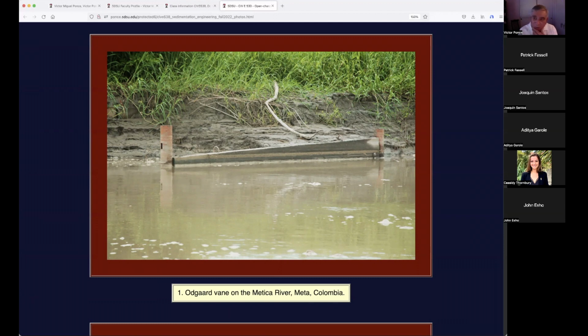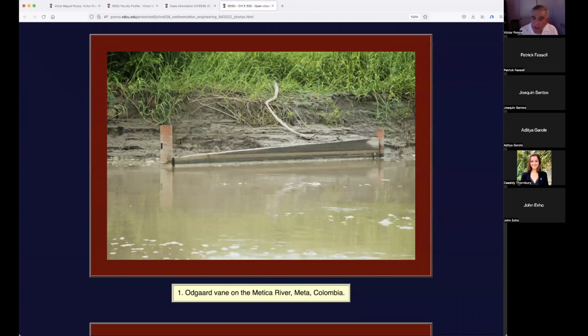And what did he do for the last 25 years? He did these vanes that were designed by Professor Odgaard. He took the technology that Odgaard, out of the University of Iowa, had developed over the years, over the 80s and 90s, in order to hammer these vanes into certain rivers so that they would be able to control the meandering.